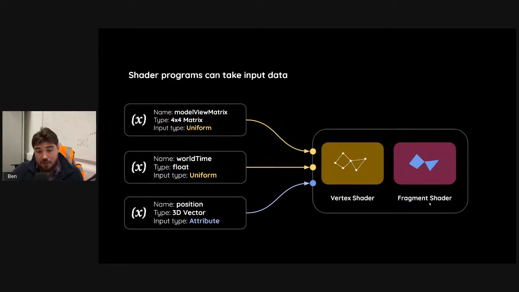Now, shader programs can take input data. This is the reason I was talking about shader programs: we can feed input data into these shader programs, and it makes sense. The whole point of shaders is to create visual effects, and it wouldn't be very good if we had a visual effect that we couldn't tweak.